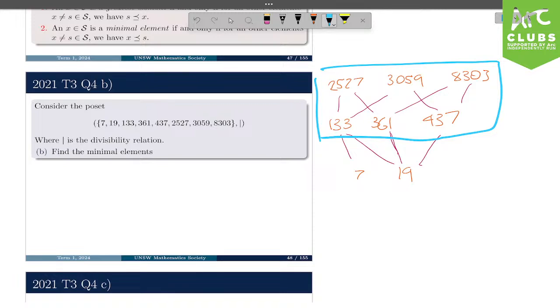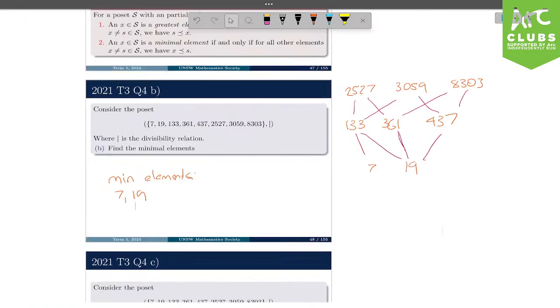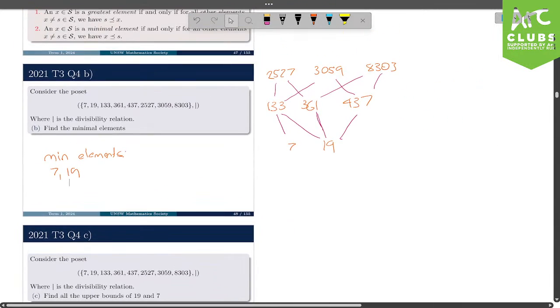But 7 and 19 have no divisors in the set. The only divisor they have is themselves. So the minimal elements will be 7 and 19. That's basically the question.